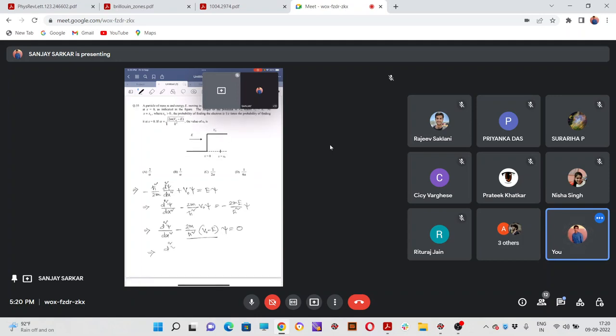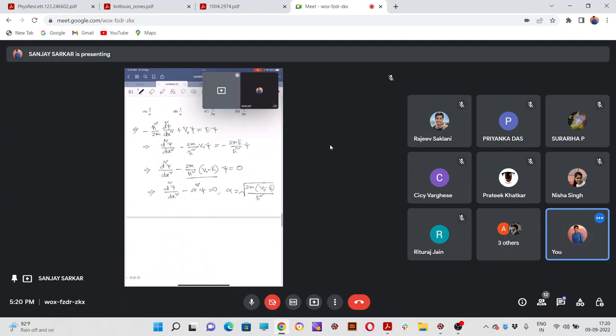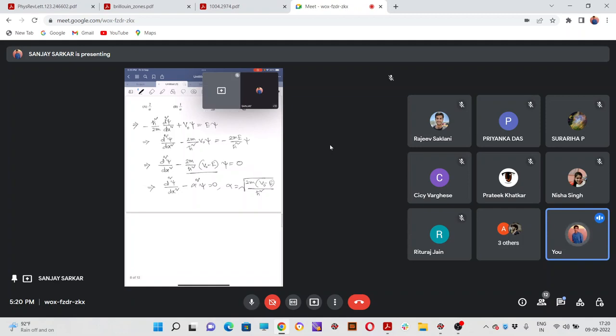So d2 psi dx2 minus alpha square psi equal to 0, as alpha is given in the question as v0 minus e by h bar square. If we take psi in the form of e to the power mx, we get m square minus alpha square equal to 0, which implies m equal to plus minus alpha.